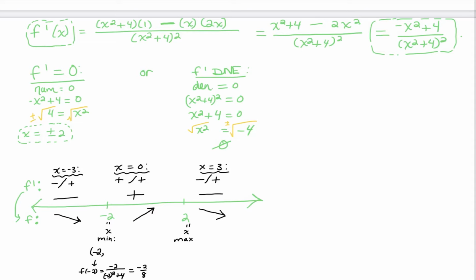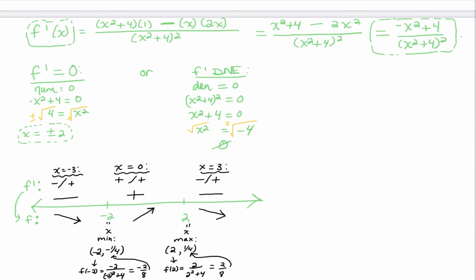So -2 eighths, which reduces to -1/4. So there's your relative min. And your relative max is at 2. Again, whenever you need the y coordinate, it's always back into the original function. So once again, 2 over 2 squared plus 4, so positive 2 over 8, which is a positive 1/4.